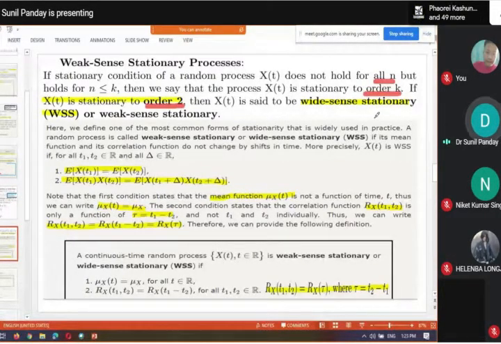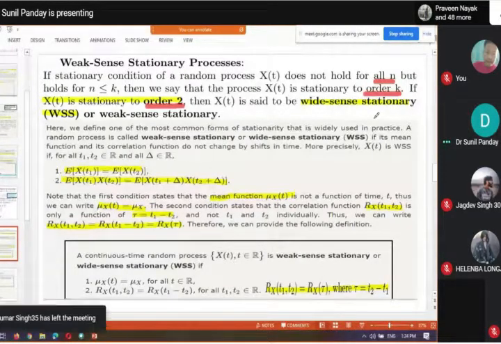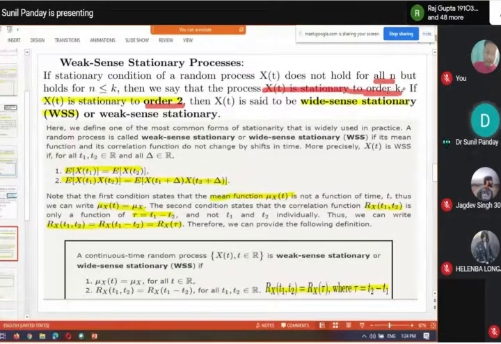So what we are actually saying here is, earlier we were talking about all n. So n can be 1, n can be 2, n can be 3, or any natural number you can take. But now if we say stationary of order k, it means it is true for n less than or equal to 3.